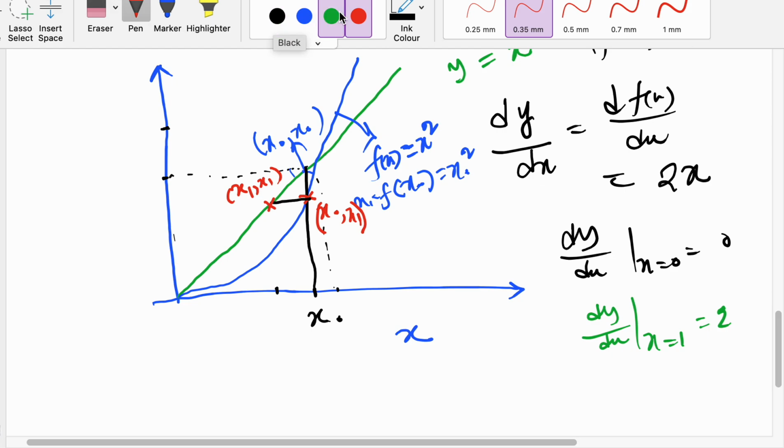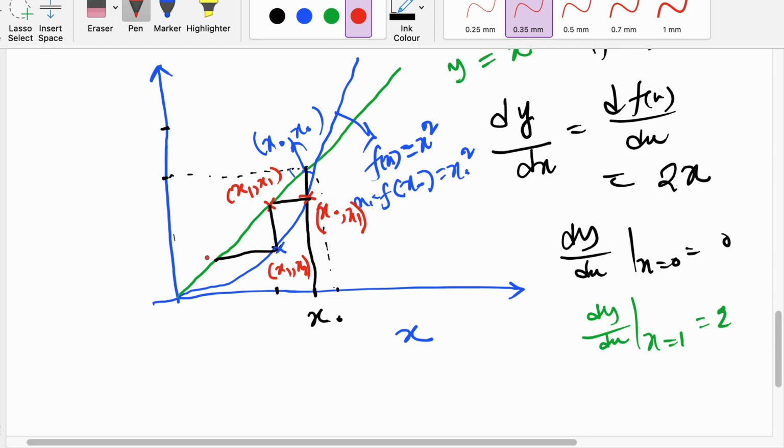Now from this x1, x1, if I go vertically towards the curve y equal to x square, I get a point here, and this point is nothing but the second iterate. So this is x1, x2, and if I continue this process, again I take a horizontal line toward this.